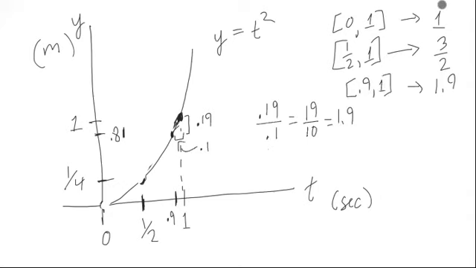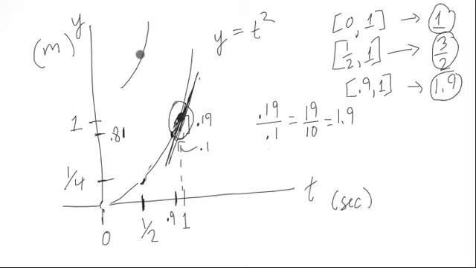Notice that these values right here should be getting closer to the actual slope right there at this line, at this point. Meaning we're going to look at this curve, and we're trying to see the line that this curve most looks like right at the t value of 1.